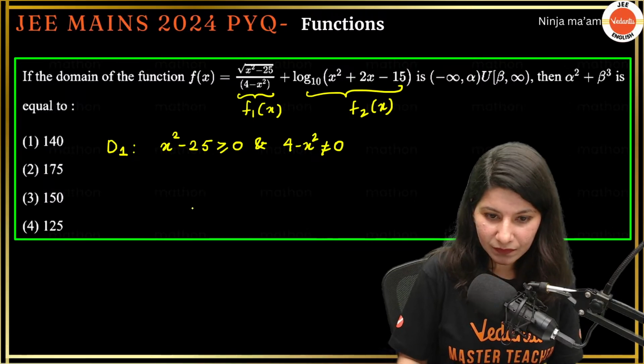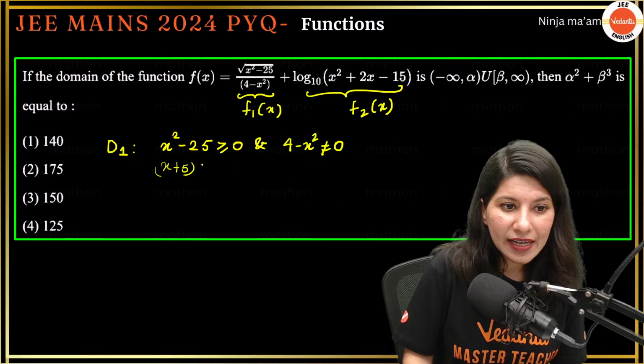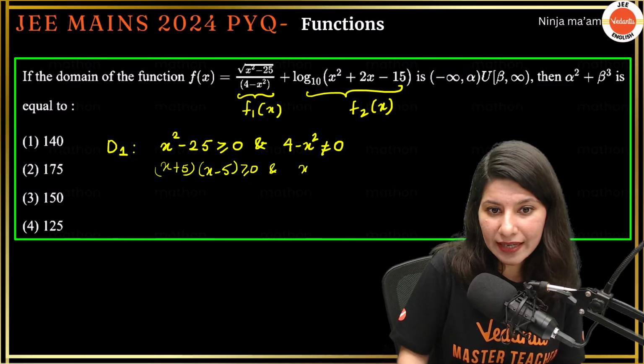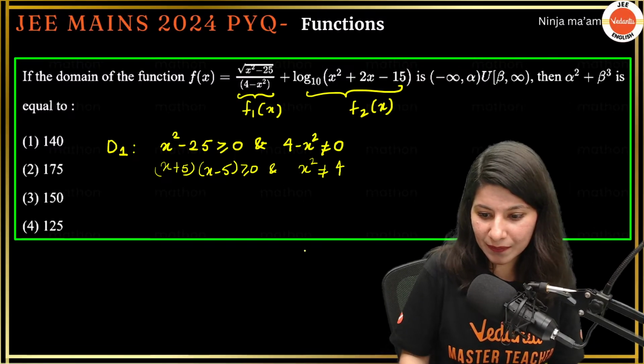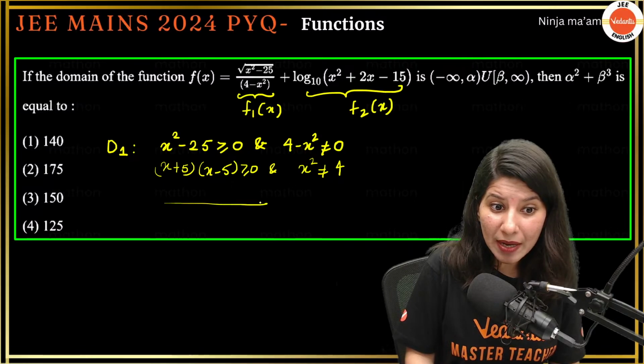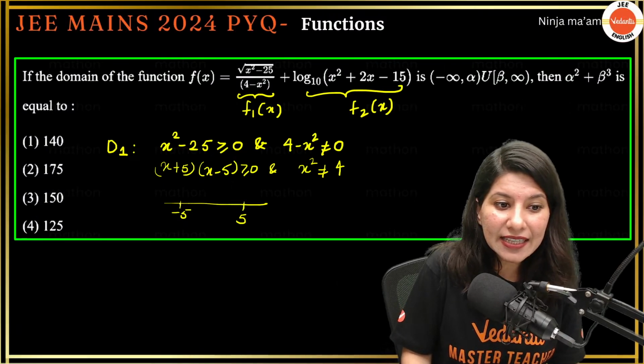Now this will give you (x plus 5)(x minus 5) greater than or equal to 0, and along with that x square cannot be equal to 4. Now this will be solved by the method of intervals. I hope that you have attended my very first class of the ROR series, that is inequalities.